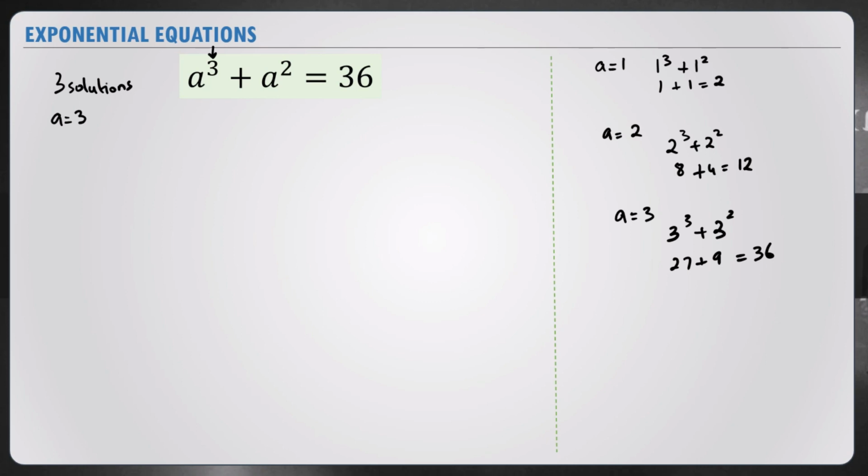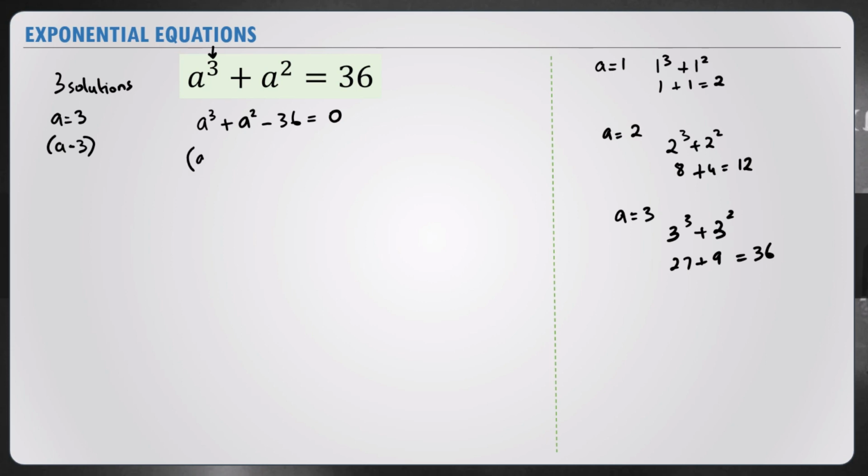All right. Now let's write this as a cubed plus a squared minus 36 is equal to 0. Since a is equal to 3, one of the factors is a minus 3.